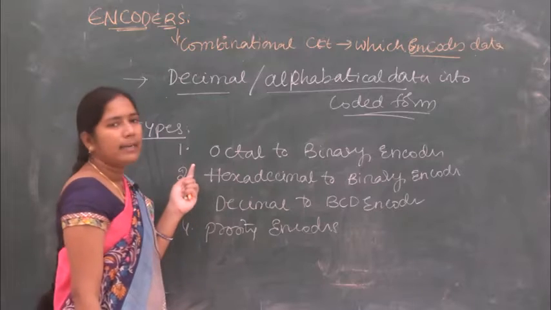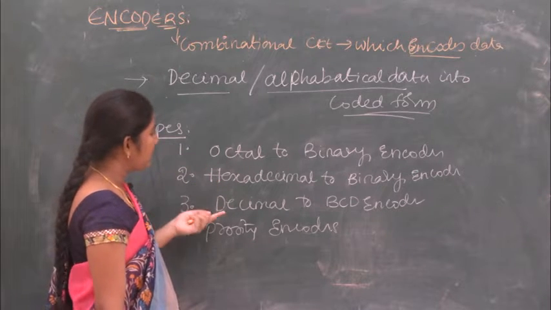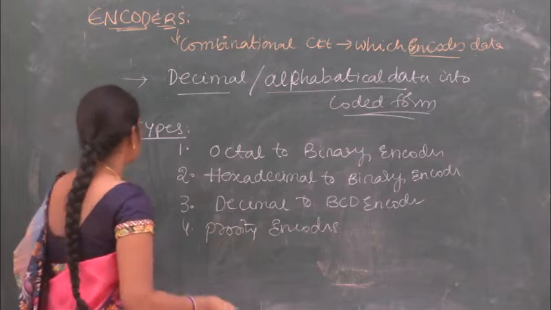Okay. Now we'll design this octal to binary encoder, and the hexadecimal, decimal and priority encoders.